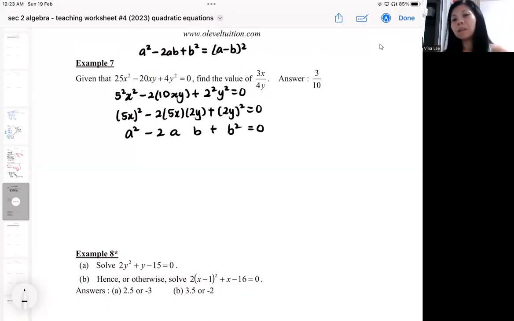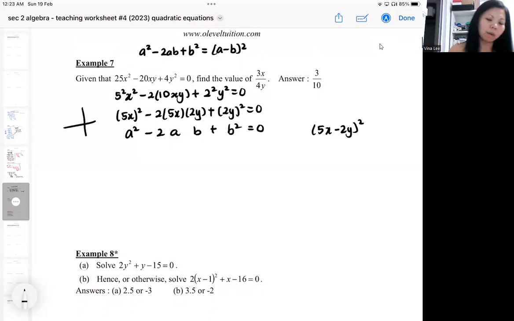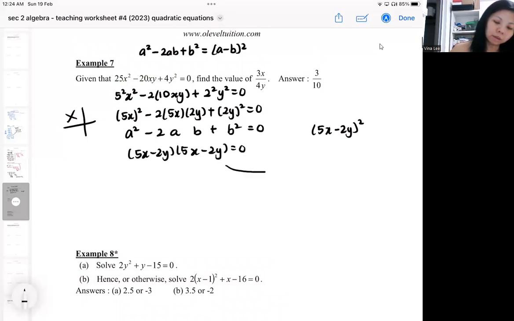So if we try this, my factorized answer will be just 5x minus 2y squared. If you go for your cross factorize or your multiplication frame, you will still get 2 brackets. Whatever it is, the 2 brackets are still the same thing.